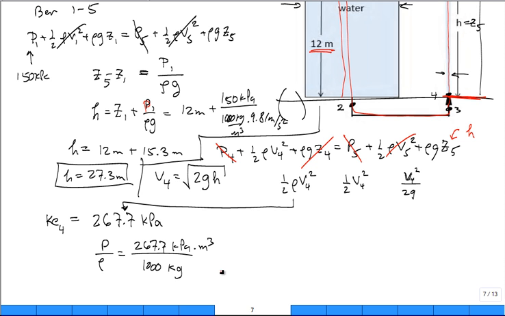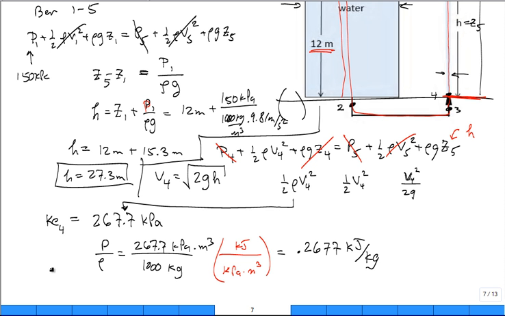And a kilopascal times a meter cubed is a kilojoule. So this is equal to 0.2677 kilojoules per kilogram. Sorry, not 267. It's 0.2677.